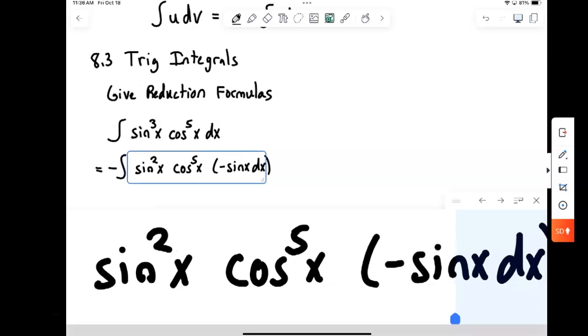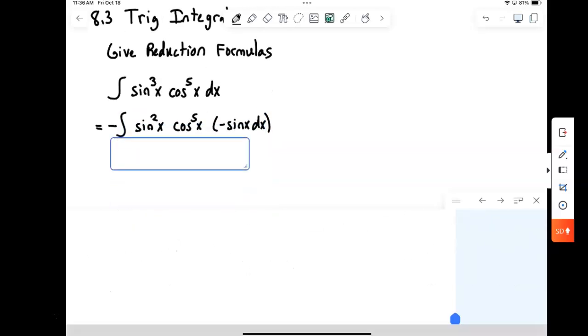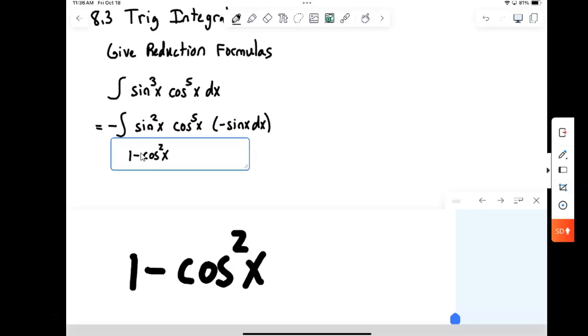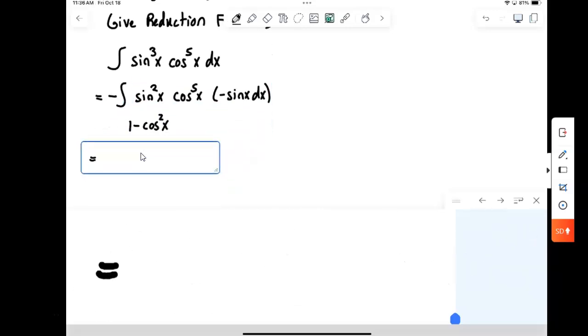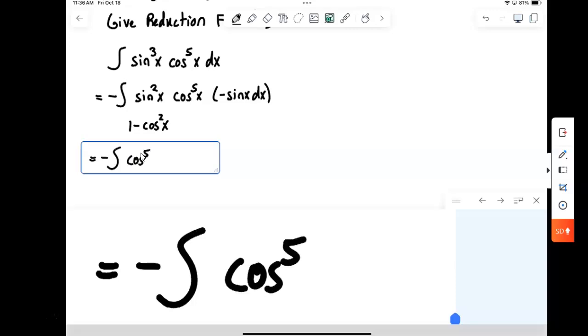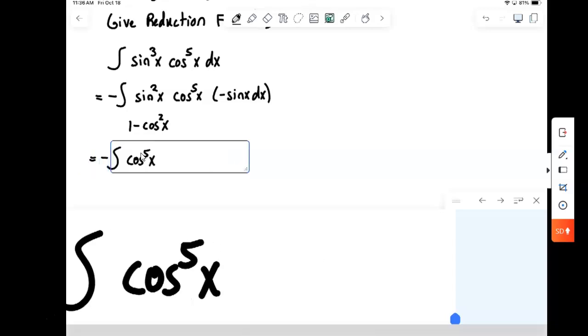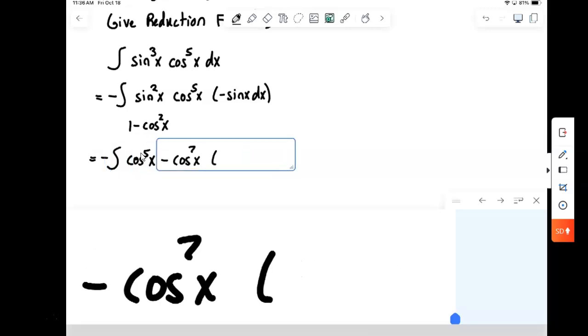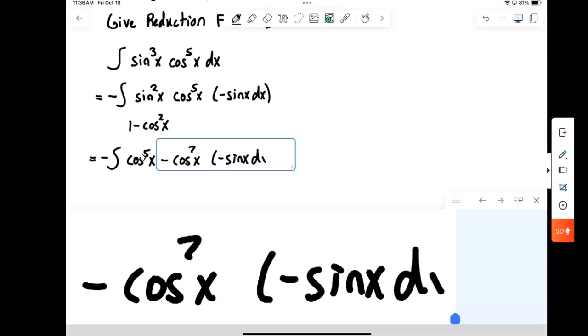And then we can take the sine squared, all the remaining even powers, in this case just the sine squared, and rewrite that in terms of cosine. That's just 1 minus cosine squared. So simplifying here, we'll have a negative out front of cosine to the fifth x minus cosine to the seventh x, and we have a minus sine x dx.